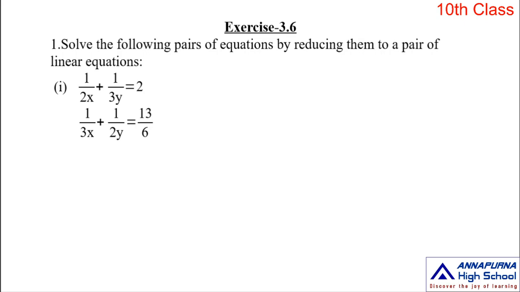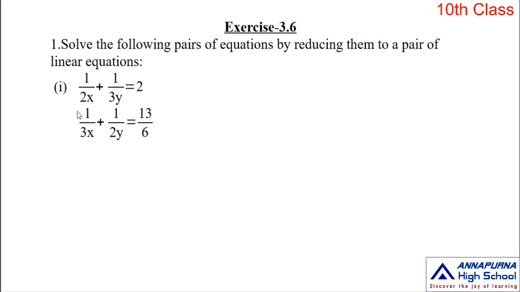Solve the following pairs of equations by reducing them to a pair of linear equations, and observe the pair of equations in this first Roman. Are the two equations linear equations? No. Why? Because here the variable is present in the denominator of a term in an equation.